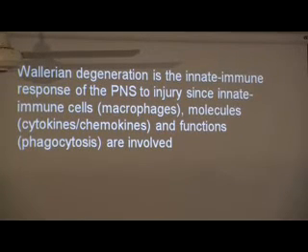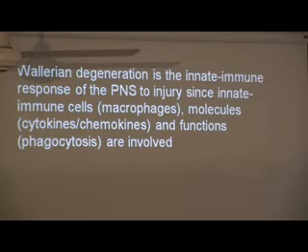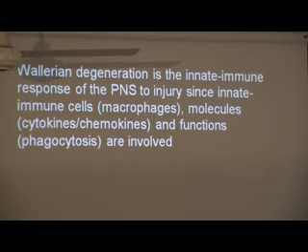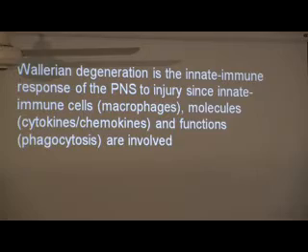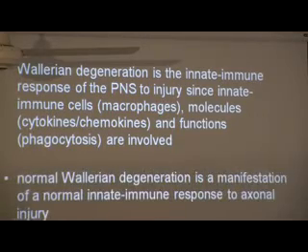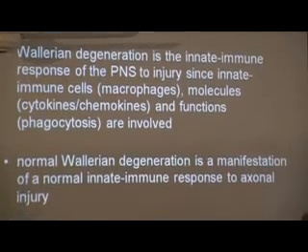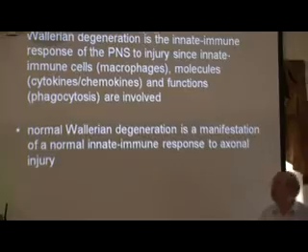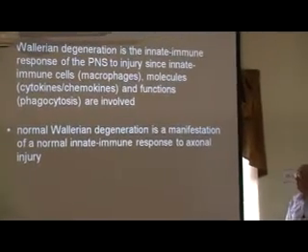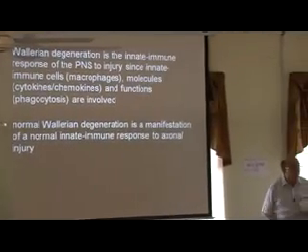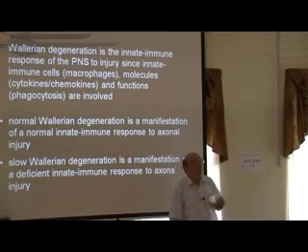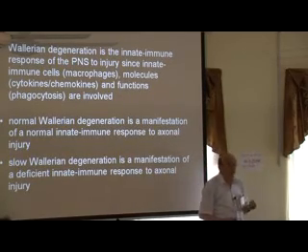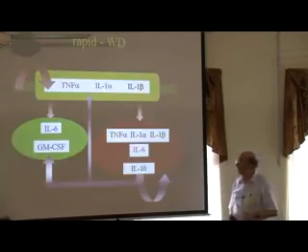Innate immune molecules are involved, cytokines and chemokines. Innate immune functions are involved. Phagocytosis, for example, which I will discuss with you in a later lecture. And therefore, normal Wallerian degeneration is indeed a manifestation of a normal innate immune response, whereas slow Wallerian degeneration is a manifestation of a deficient innate immune response. Thank you.